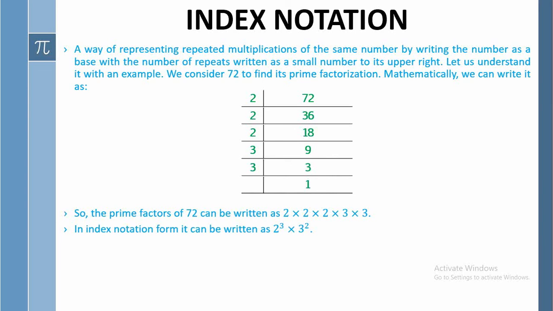Finally, you need to count the numbers: we have 3 twos, so we assign a power of 3 on 2, and we have two threes, so we assign a power of 2 on 3. So this is the index notation form of your number, that is 72.